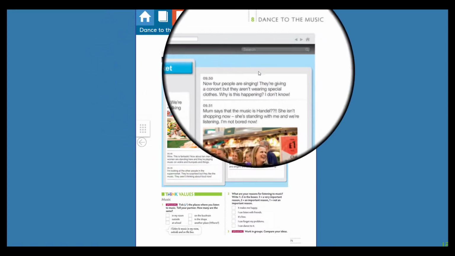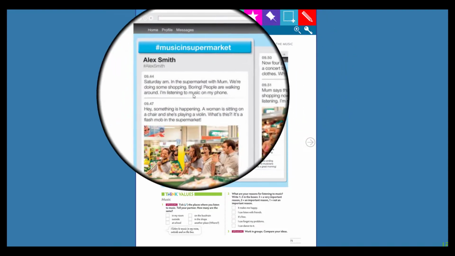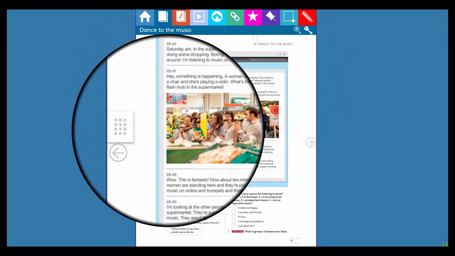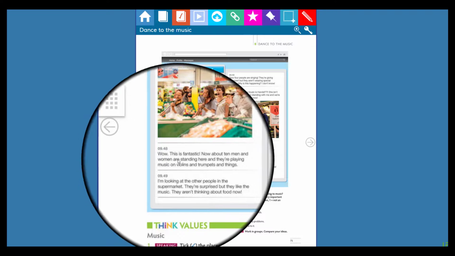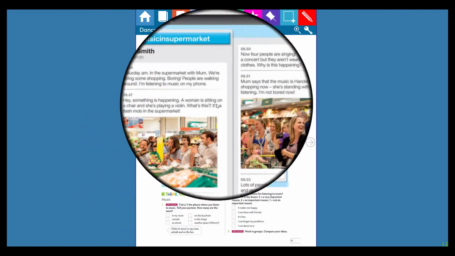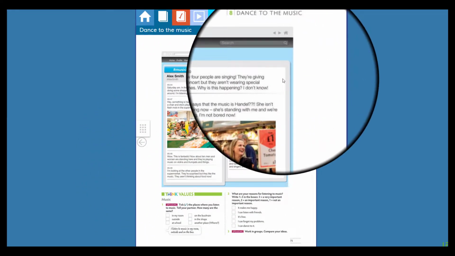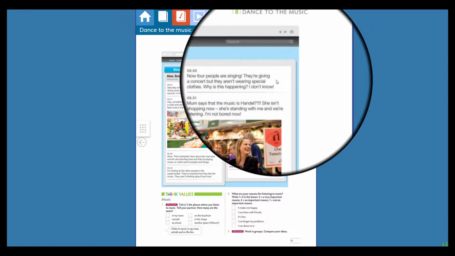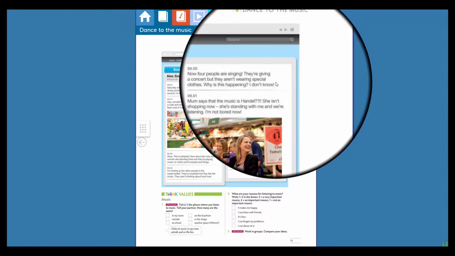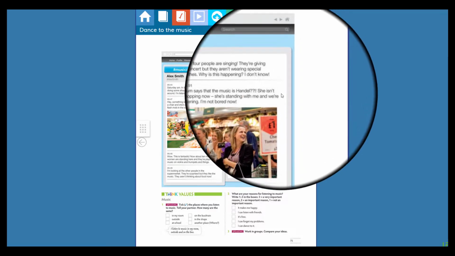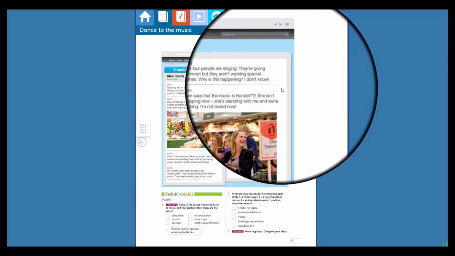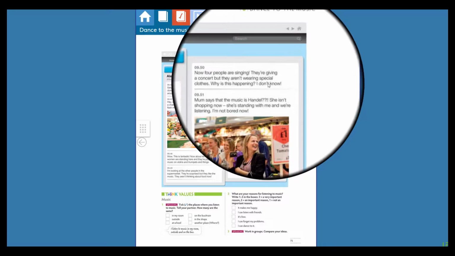This text is a little bit different because if you can see there, they are only tweets. Do you know Twitter? Yes. Twitter is a social network where you can write your opinion about a topic or anything you want.